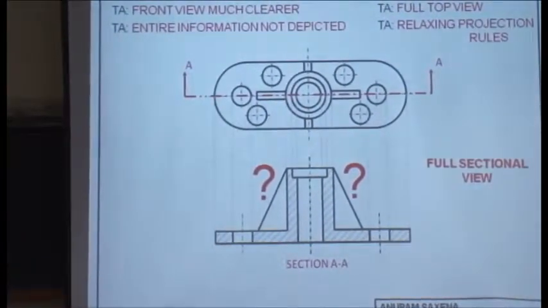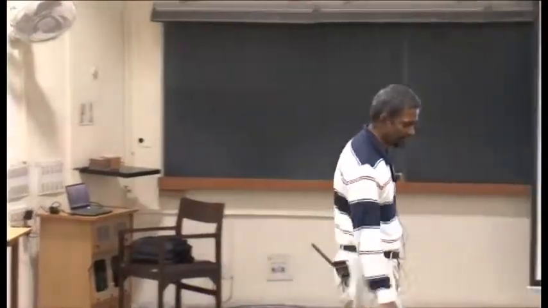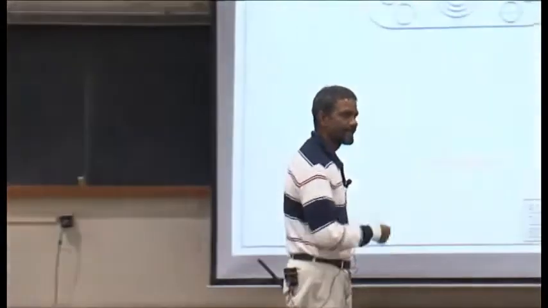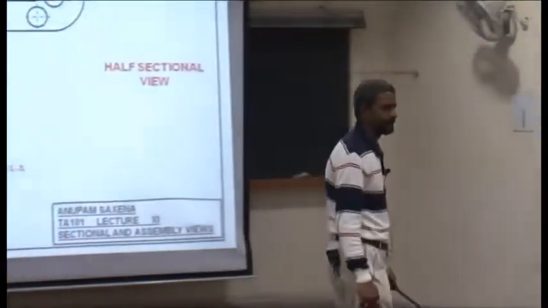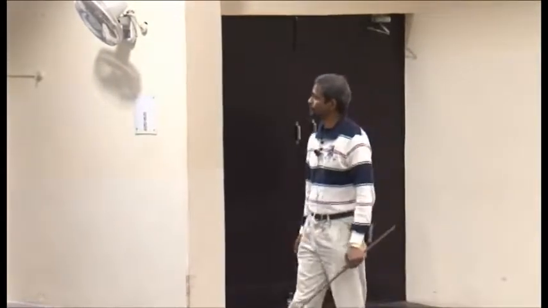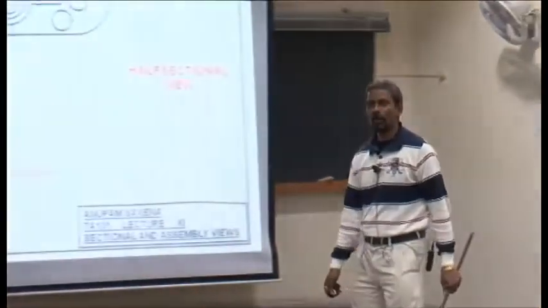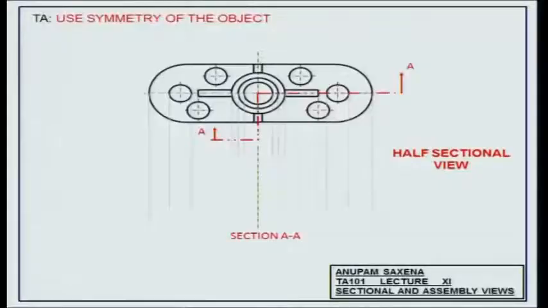There are different kinds of section views. The second one is the half section view. For this example, you can take advantage of the symmetry in the object. Again, it's a trade-off between clarity and information. You don't take the entire section, but you just cut a quarter of the object.